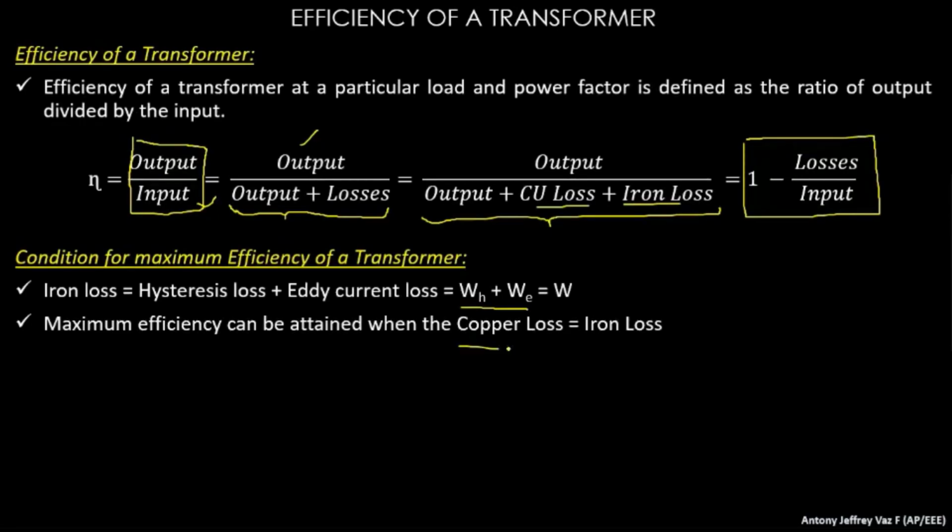So this is the condition when maximum efficiency of a transformer is attained. In this condition, you have to operate the transformer to attain the maximum efficiency from any transformer you are using. It may be a single phase transformer or a 3-phase transformer. The phi symbol represents phase, okay, single phase or 3-phase.